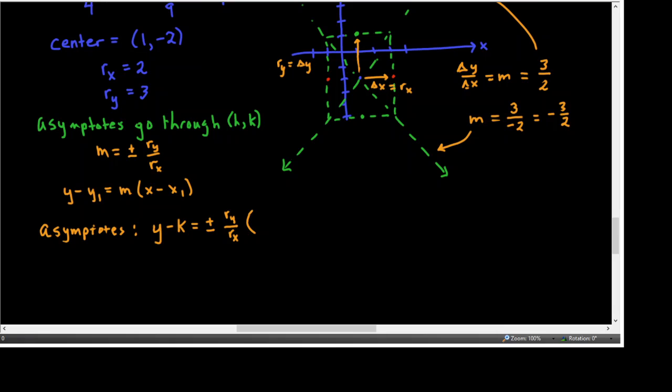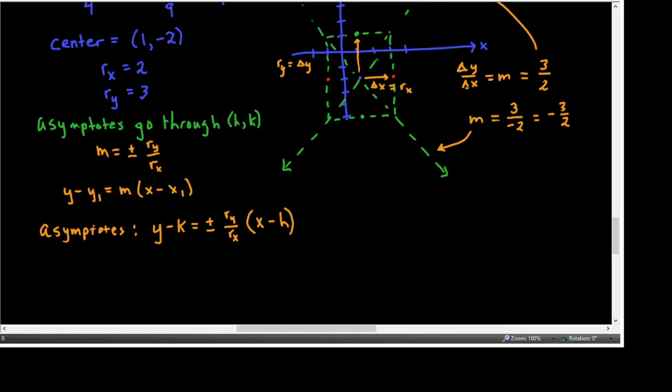times x minus the x-coordinate of the point where they intersect, which is the center, so h. That's the equation of the asymptotes.